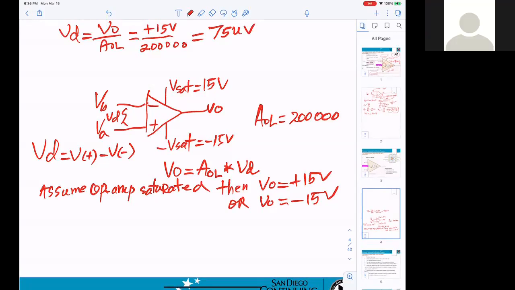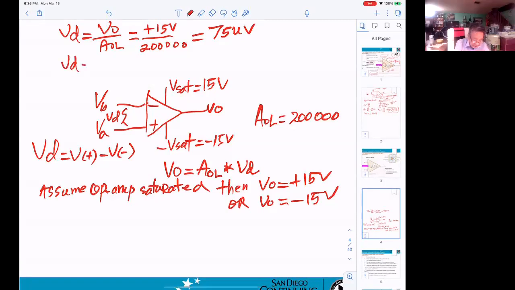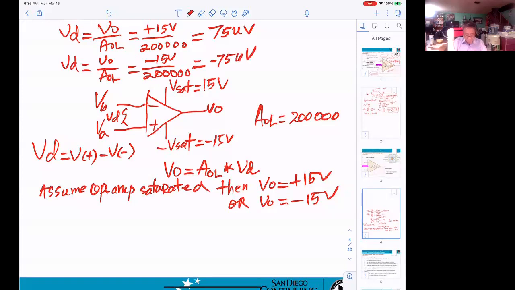That means output at the positive saturation. And now we need to know VD, V out divide AOL for negative saturation, minus 15 volt divide 200,000. They will be minus 75 microvolt.